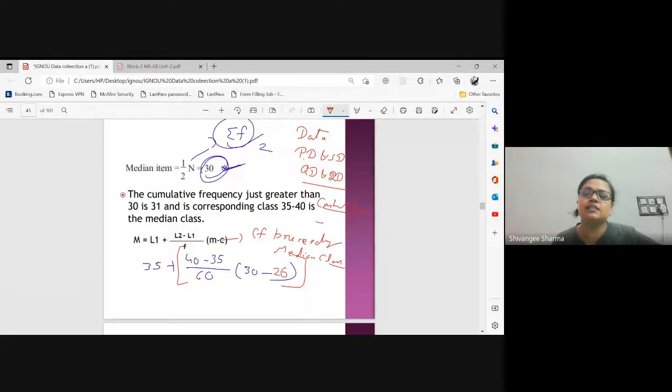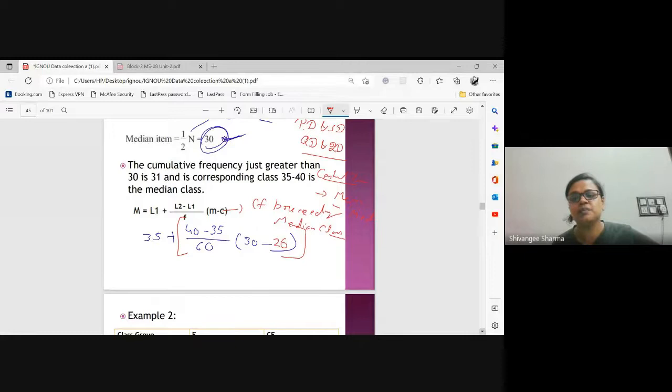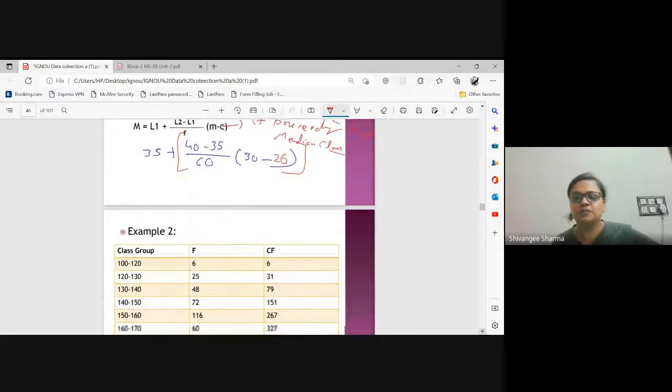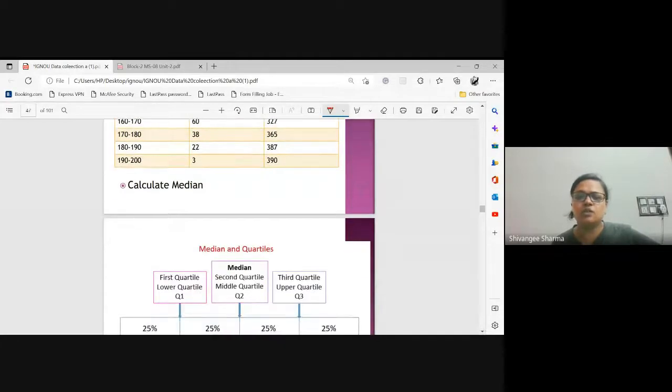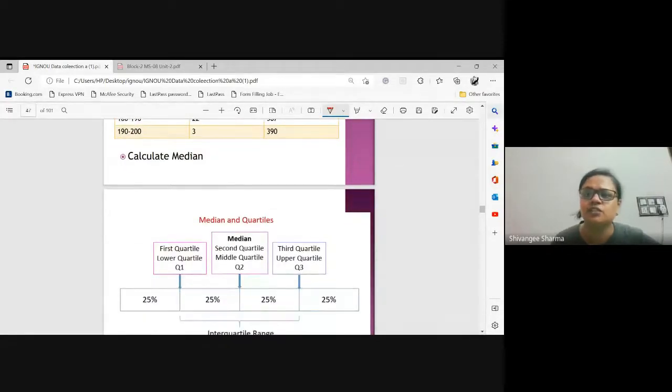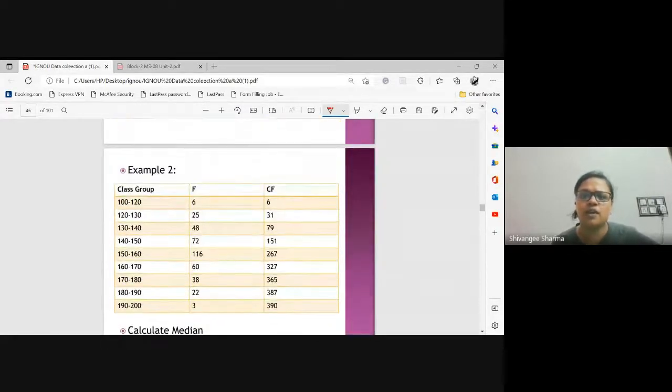In central tendency, two types are covered and completed, which are mean and median. Here is one other example also given. You can calculate the median for that. It's just for your practice.